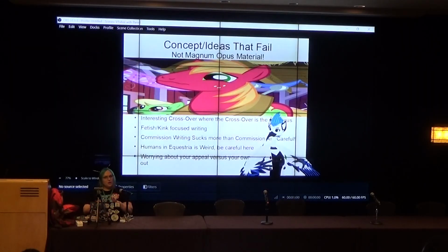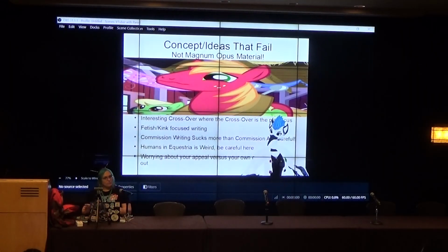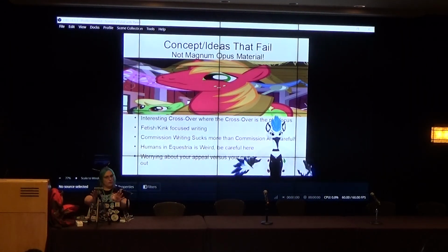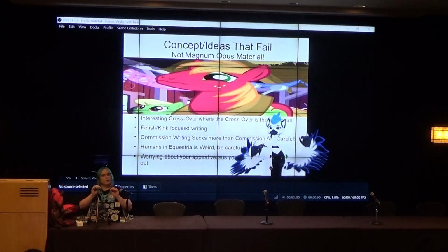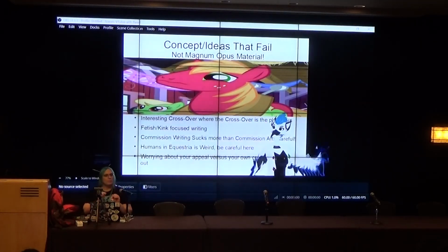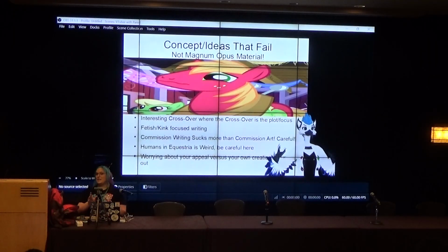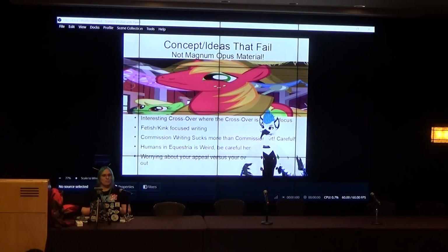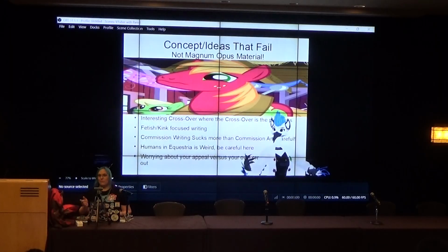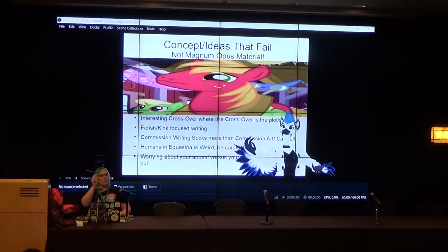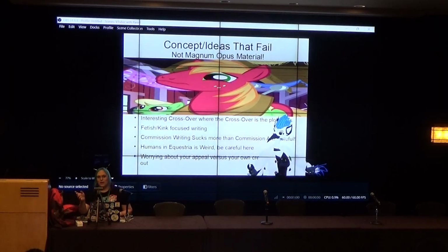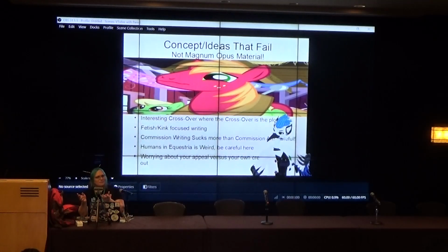This is just me, but human in Equestria is weird. You can have it. You can do your thing. That's fine. You just have to account for the fact that that is a human being. And horses, cartoon horses, tend to take a lot more punishment than human beings. See Applejack and Rainbow Dash, with Rainbow Dash getting hurled at the horizon and surviving with no real injury.